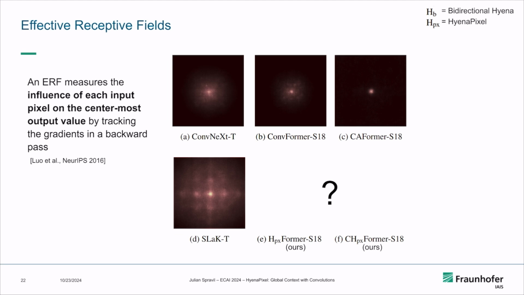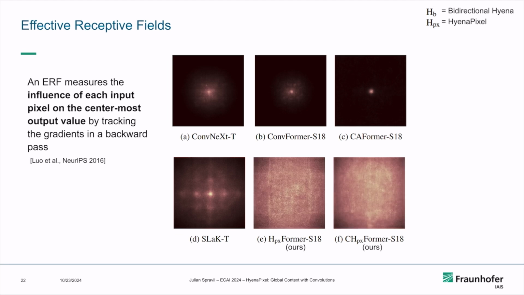We also visualize the effective receptive field. The effective receptive field basically visualizes the influence of all input pixels on the centermost output position. This is done by tracking the gradients in the backward pass, passing multiple images from ImageNet through the network. We see that most operations are more local. SLAK has a larger effective receptive field, but some off-center features.